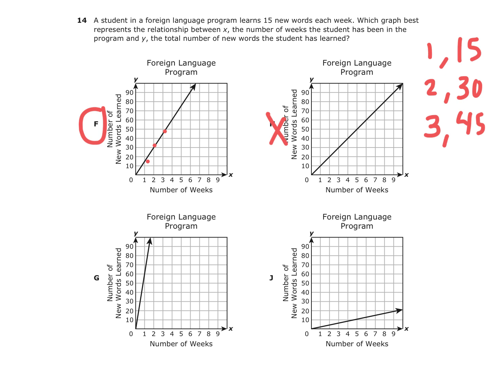For G, at 1 week, it's already up at 60, and 2 weeks is off the chart. That's not going to work. And for J, 1 week is less than 10. It takes 4 weeks to learn 10 words. That is not correct. So answer F is the correct answer for number 14.